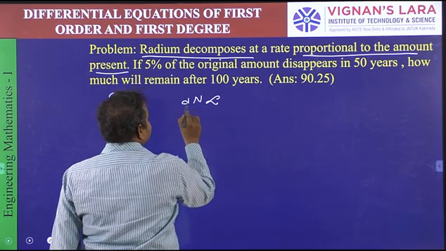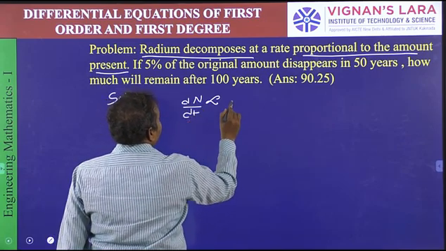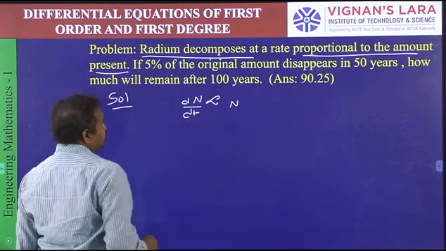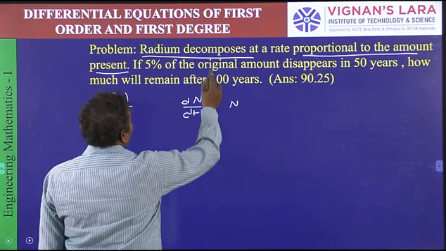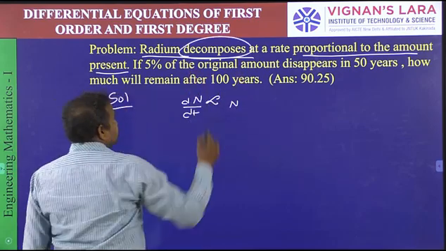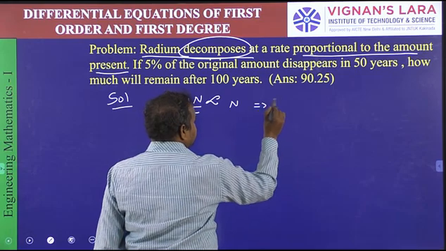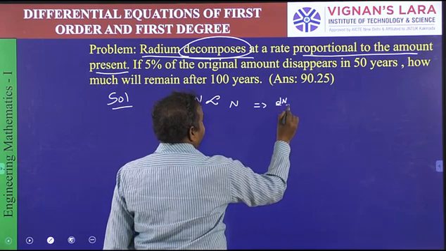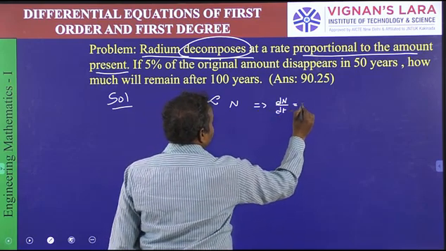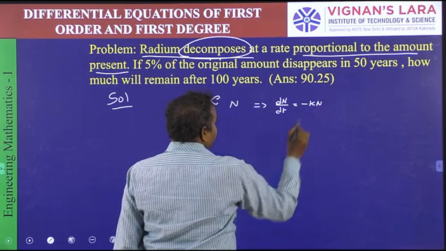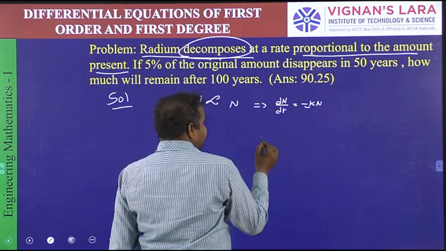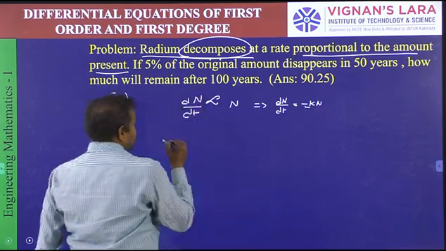Rate of change means dN by dt is proportional to the amount present. Decomposes means decreasing, so dN by dt is equal to minus kN. This negative constant means this is the law of natural decay.